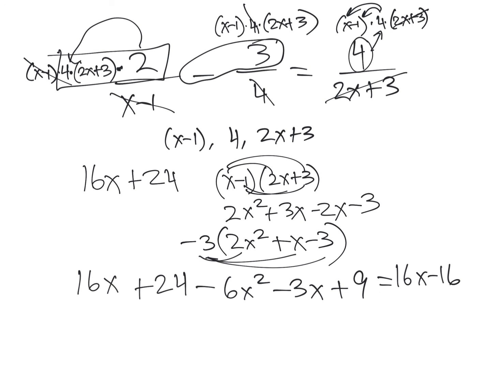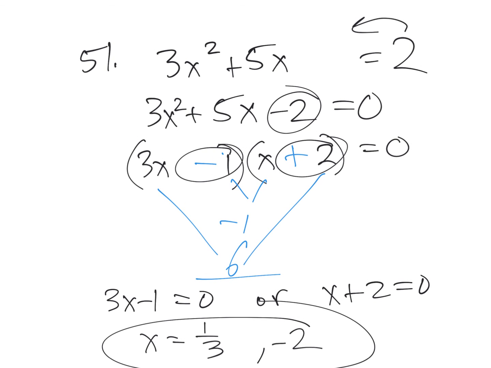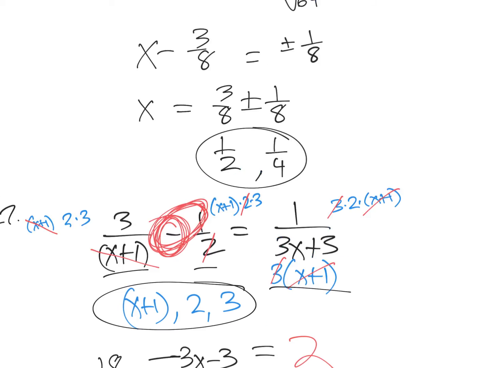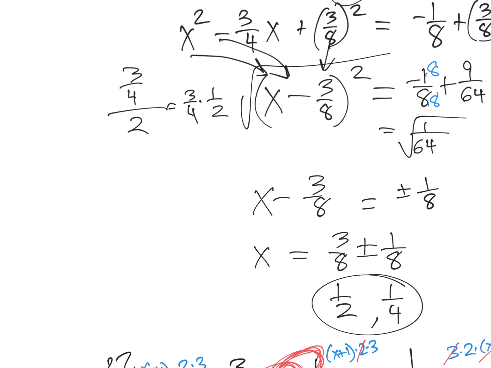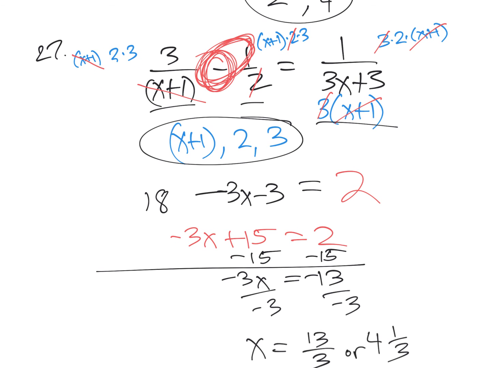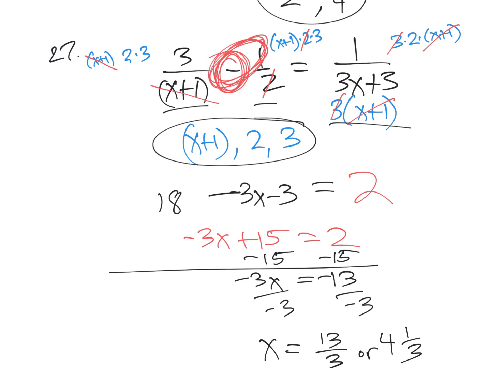Maybe. Okay, so on 27, why did you do 3 as a factor? On 27, you did the x plus 3, but on that one you only need x plus 1. Oh, because the 3x plus 3 here, we could factor out a 3.